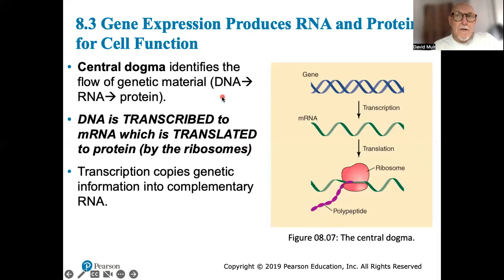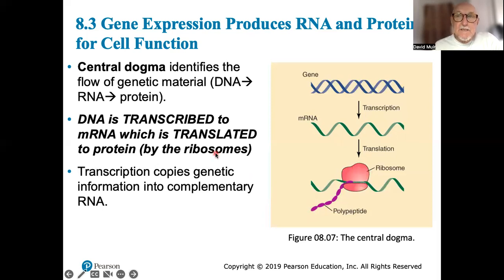The central dogma refers directly to the way in which that's done in all cells. In all cells, DNA here is transcribed to messenger RNA here. And that messenger RNA has to be translated. It is translated to protein, polypeptide, by the ribosomes there.